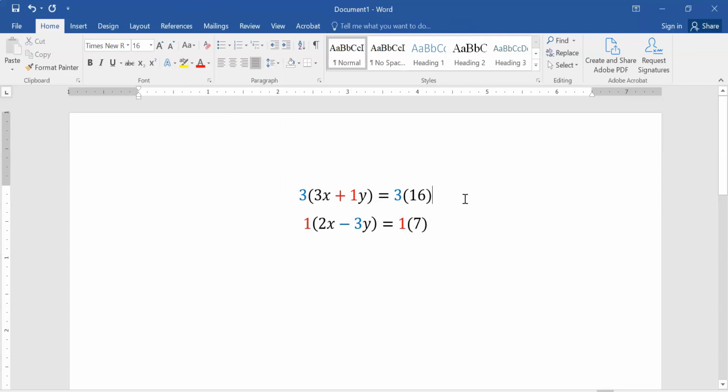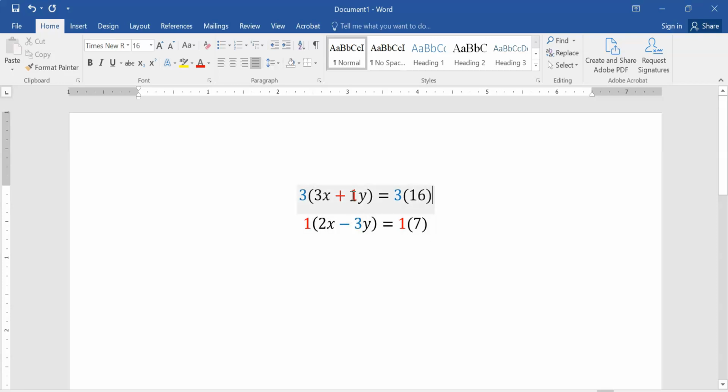So basically what we're going to do is take the coefficient of the y in the first equation and multiply it by both sides of my second equation. And then I'm going to take the coefficient of the y of my second equation and multiply it by both sides of the first equation.